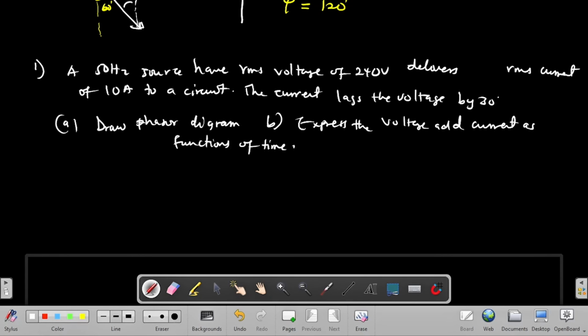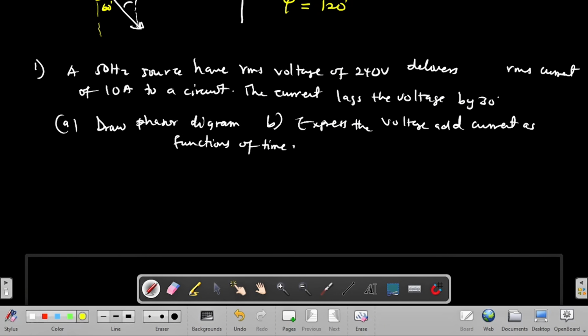It says a 50 hertz source has an RMS voltage of 240 volts and delivers RMS current of 10 amps to a circuit. The current lags the voltage by 30 degrees. Draw a phasor diagram and express the voltage and the current as functions of time. So here, the first part is to draw a phasor diagram for what has been described.